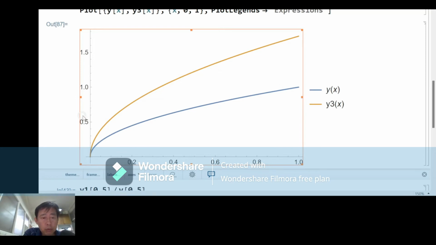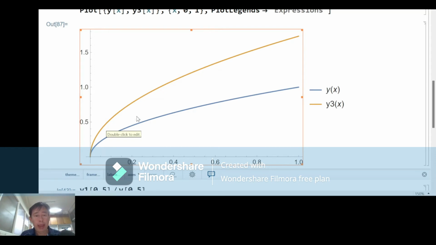If you draw a line horizontally, fixing the same value of y, say 0.5, the value of x here is 3 times smaller than the value of x at this point on the function y.